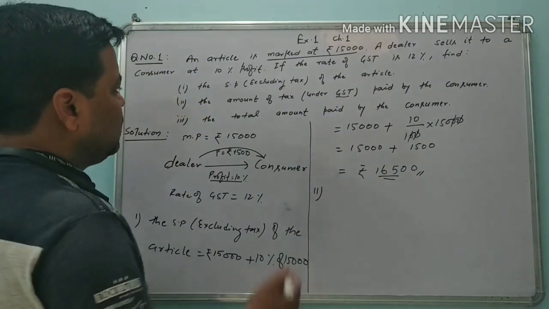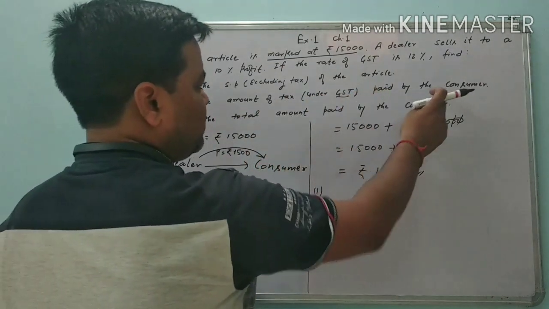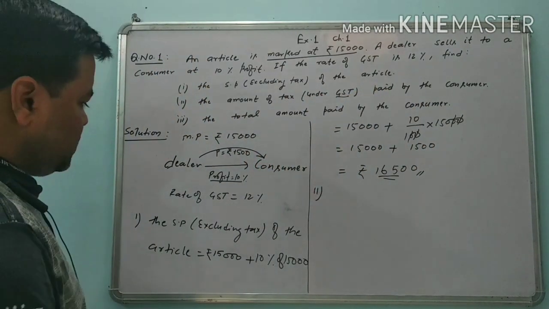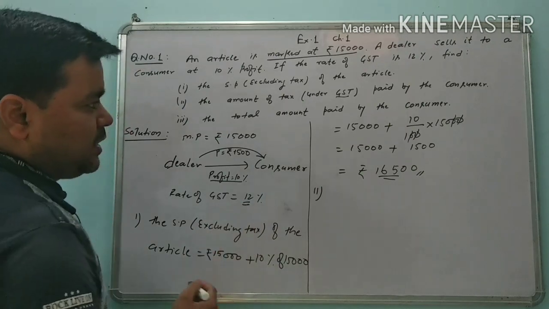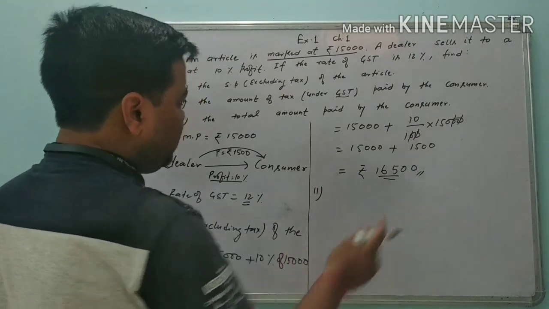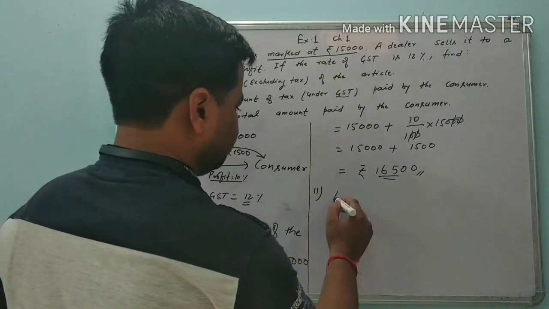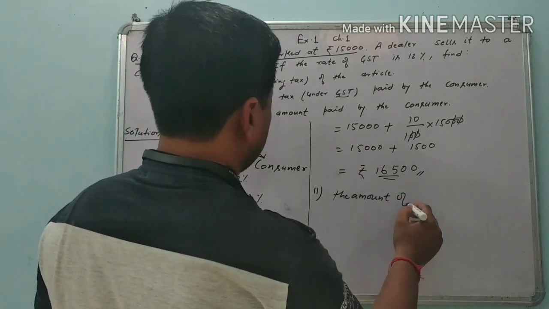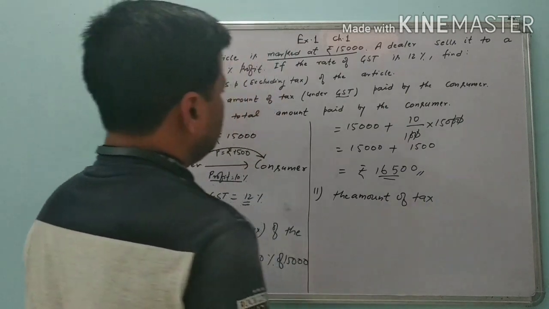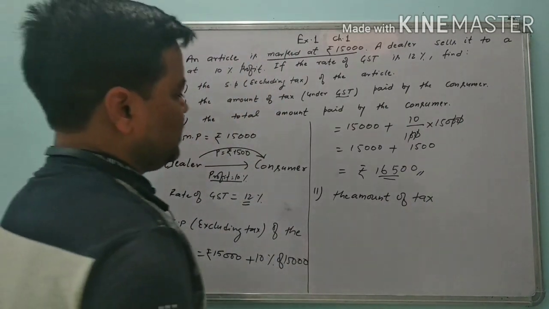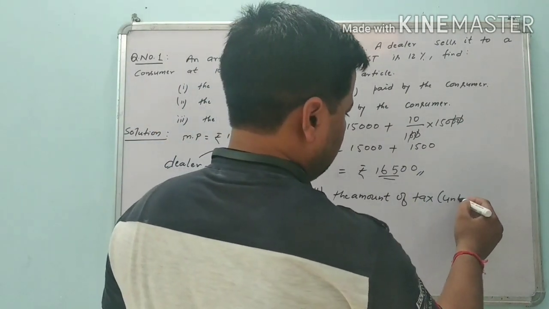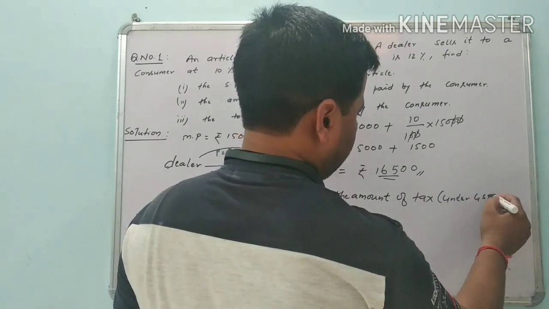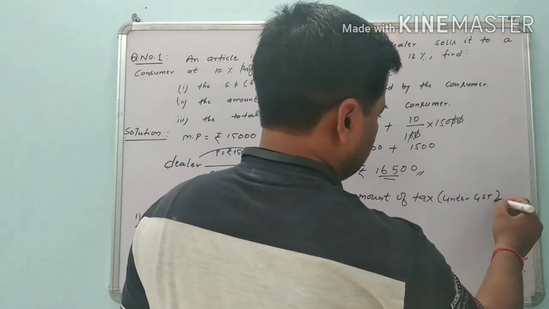Therefore, the amount of tax under GST paid by the consumer will be 12% of this much.